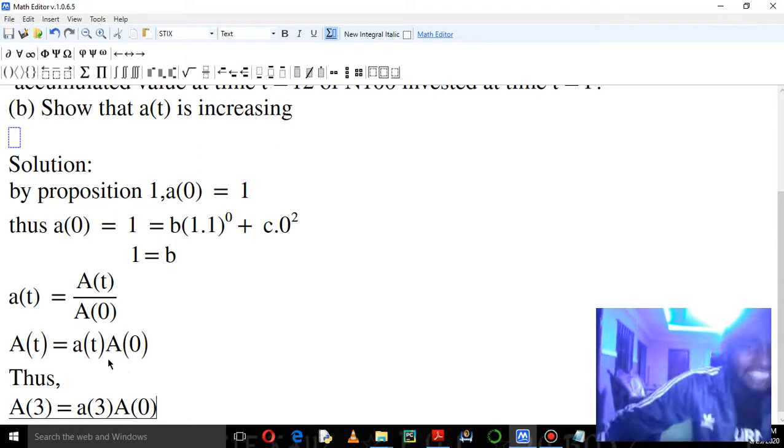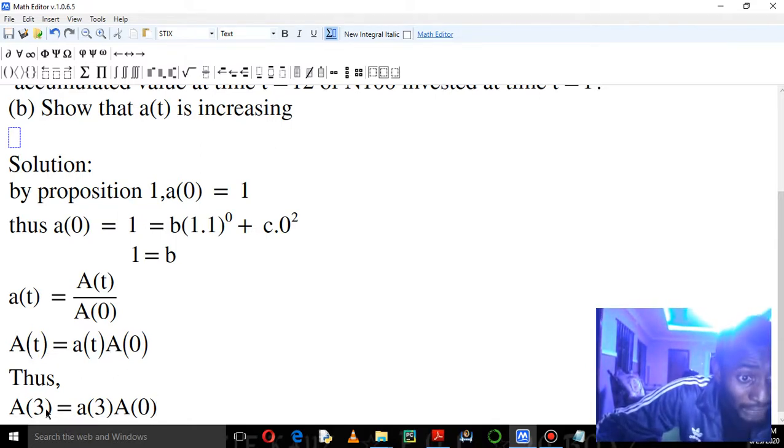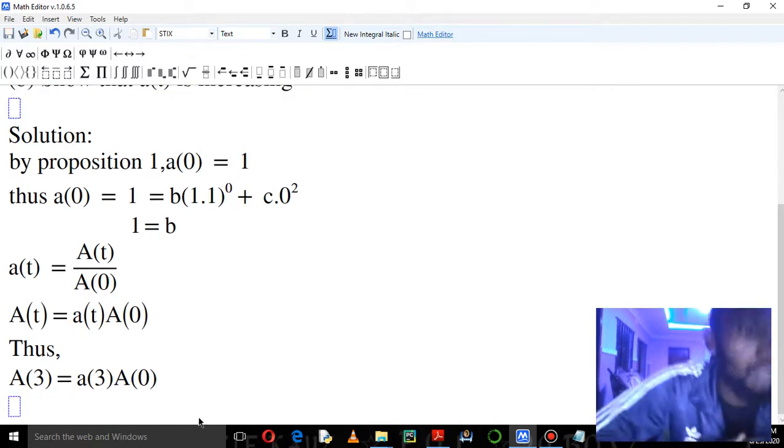So this is capital A of t, and we have substituted 3 for t. We are still using this same formula. Anytime we see t, we put 3. So let's move on.